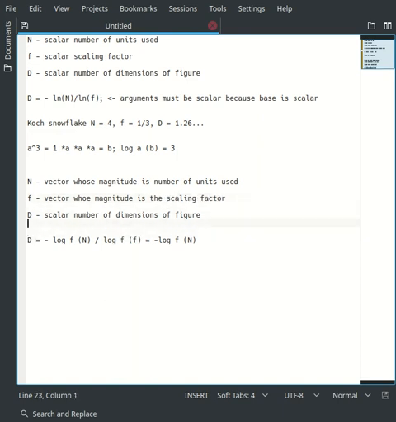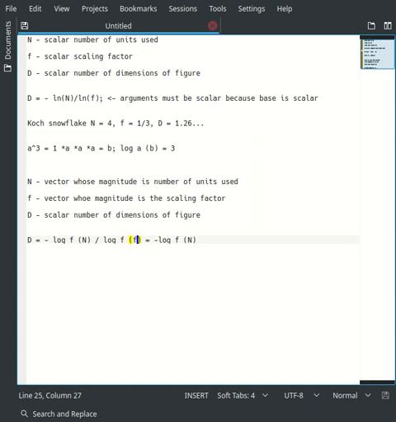And dimensionality is still scalar, right? Log output's a scalar naturally. Because dimensions don't have dimension. A number of dimensions, I mean, it does, sort of. Meh. We'll just skip over that. We'll just treat it as a scalar.